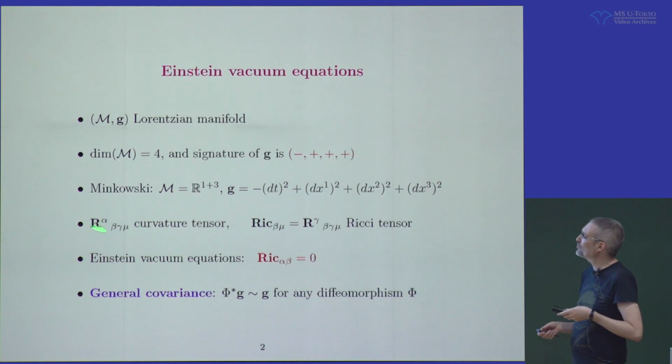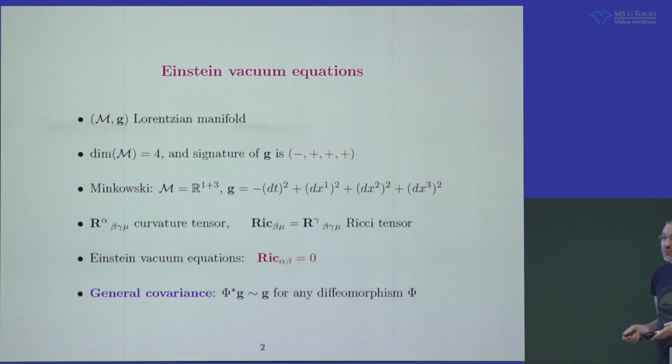And this curvature tensor, you can contract 2 indices, you can take a kind of trace, in which case, if you contract the first and the third index, you get a symmetric 2-tensor called the Ricci tensor, which has only partial information on the curvature. And the Einstein equations in vacuum simply correspond to Lorentzian manifolds with a vanishing Ricci tensor.